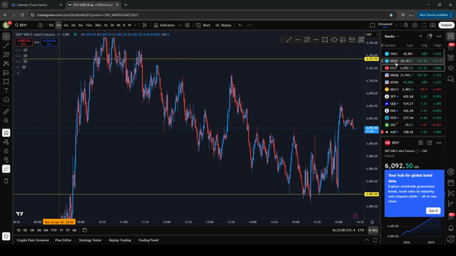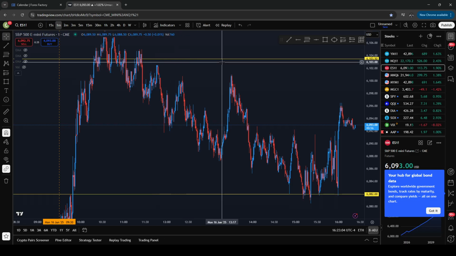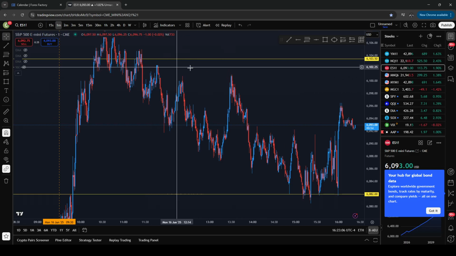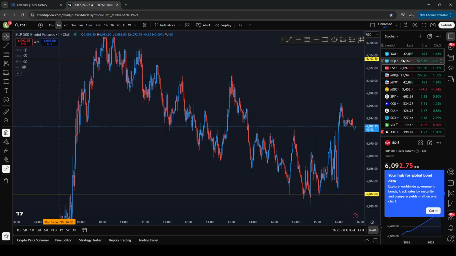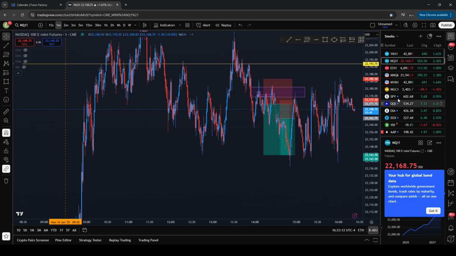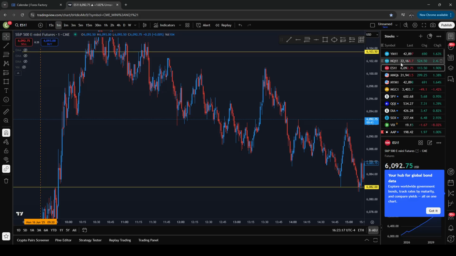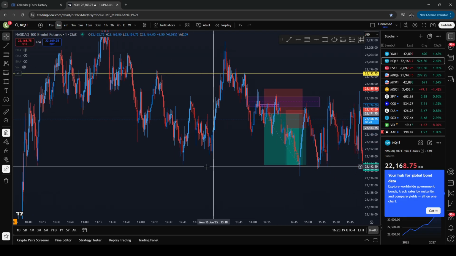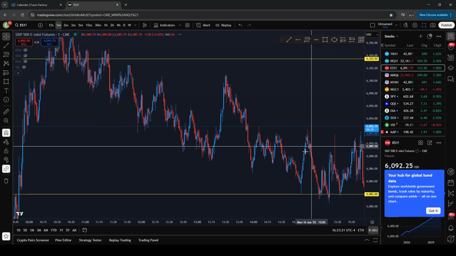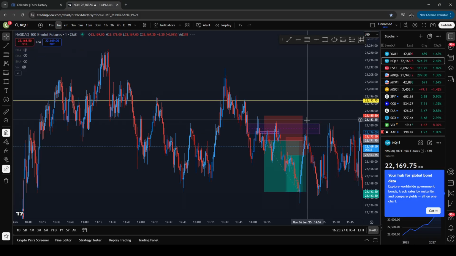Let's see if there was any SMT divergence. This high wasn't taken out on ES, but it was taken out on NQ. Let's see what lows were taken out. There are a lot of lows, but nothing is really standing out to me right now.